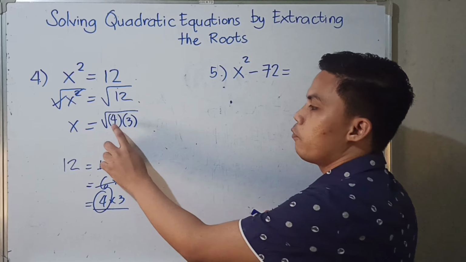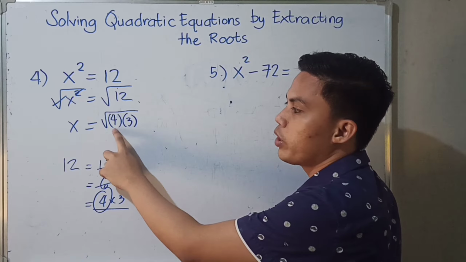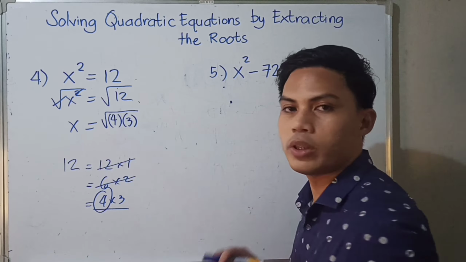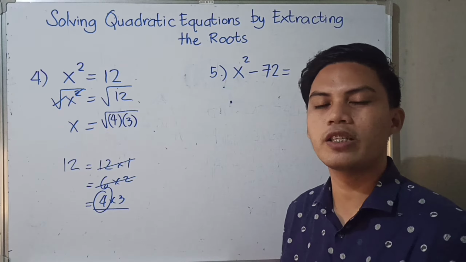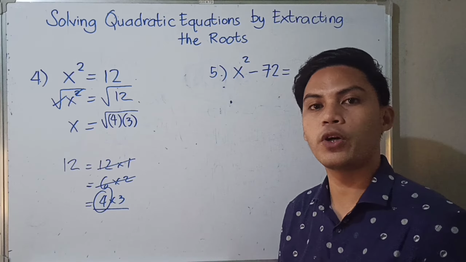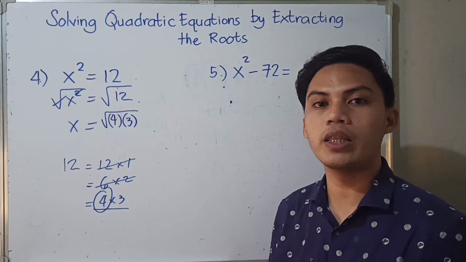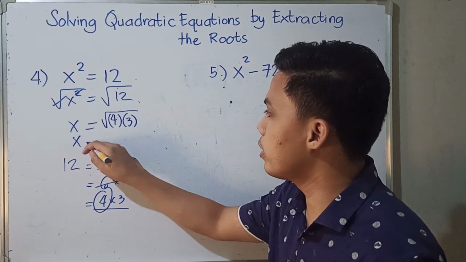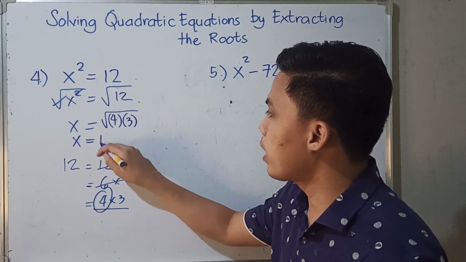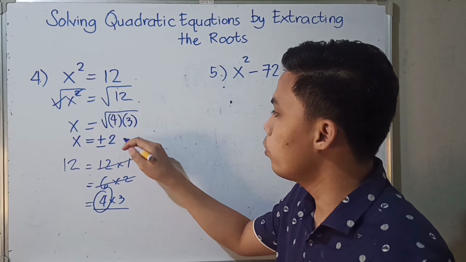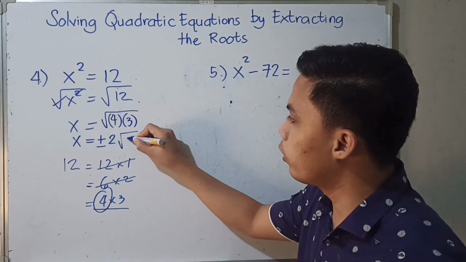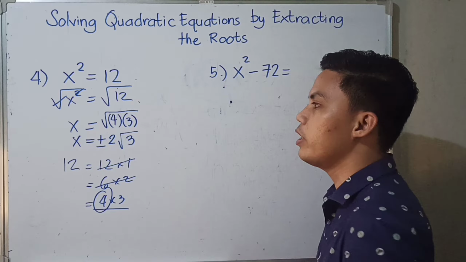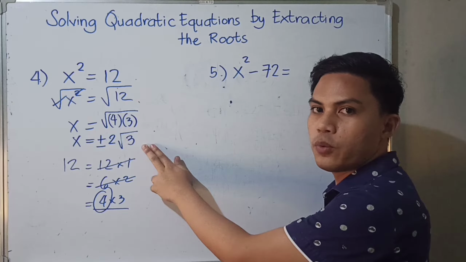So, since 4 lang ang perfect square, so pwede nating kunin yung square root ng 4. So, what is the square root of 4? The square root of 4 is positive negative 2. Okay. So, x is equal to positive negative 2 times the square root of 3. So, maiiwan si 3 kasi nga hindi siya perfect square.